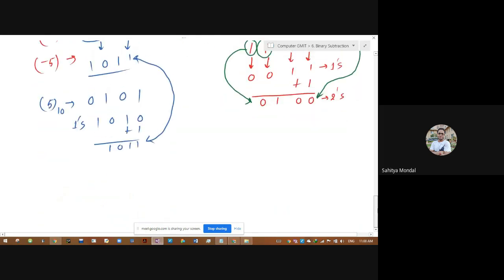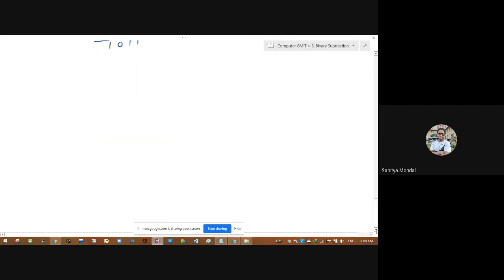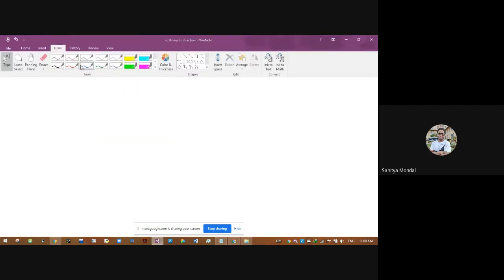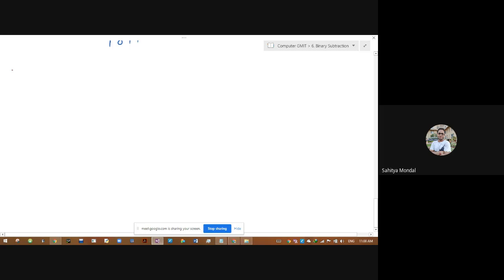Now in the next example, 4 minus 6. Now the second number is bigger than the first one. So what I do is first compute 6 in binary. So what I get? 110. What is minus 6? The 2's complement of 6.